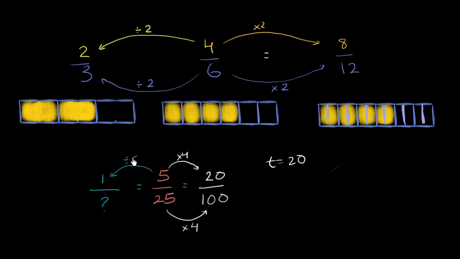And so similarly, we have to divide the denominator by 5. So if you divide the denominator by 5, 25 divided by 5 is going to get you 5. So these are all equivalent fractions. 1/5 is equivalent to 5/25, which is equal to 20 100ths.